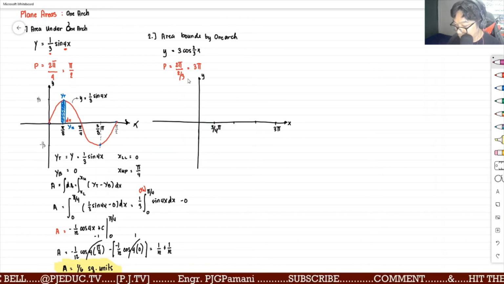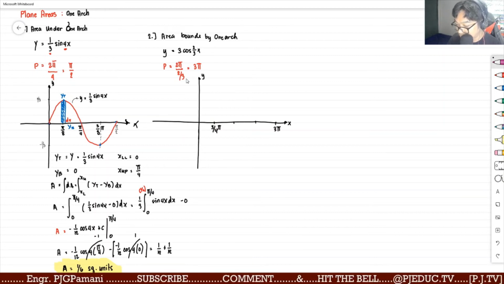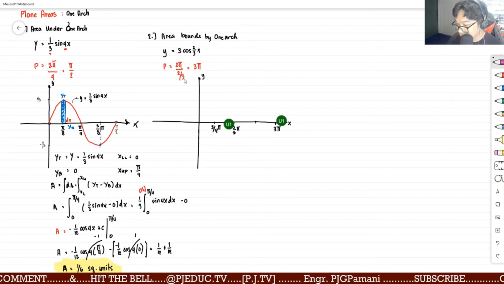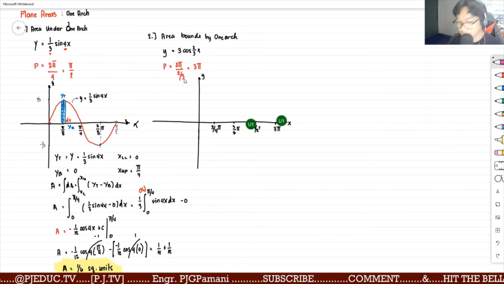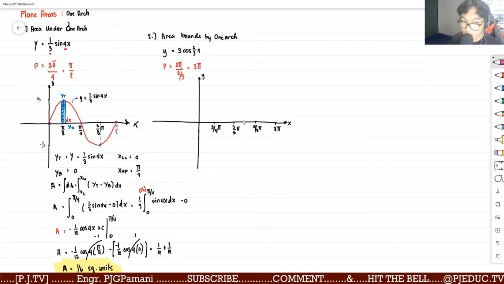3/4 pi. That is divided by 4. That is 3/2 pi. And this is 9/2 pi. Diba? Divide nyo lang sa 4.